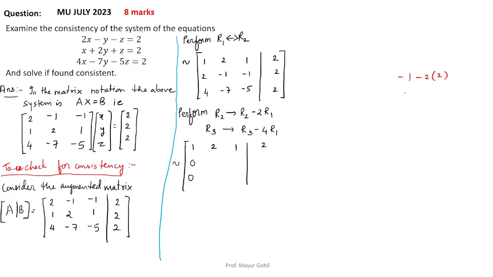So that is going to be -1 - 4, which is -5. So here it is -5. Here again there is -1 - 2 into 1, so that is -3. Here it is going to be 2 - 2 times 2, so that is 2 - 4, that is -2.